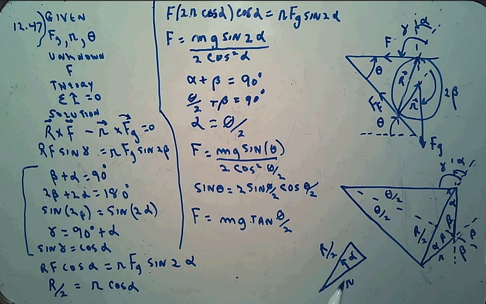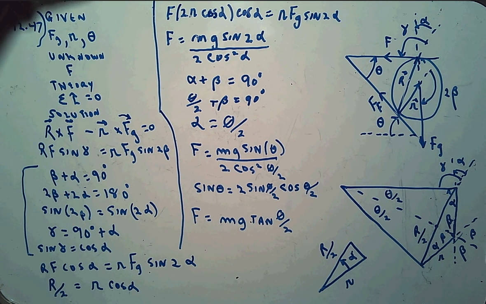I have one more triangle here, this little triangle in here, where this side is R over 2, and this side right here is r. So I can get R over 2 is equal to the hypotenuse here, r, times the cosine of alpha. So R over 2 equals r cosine alpha.